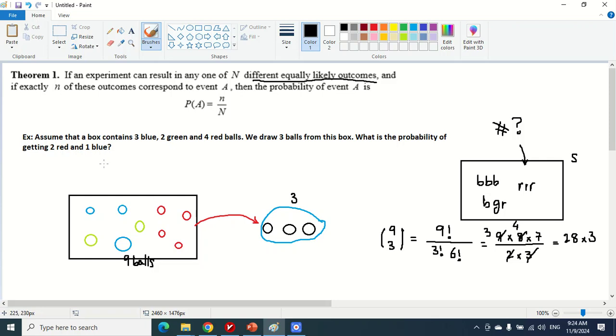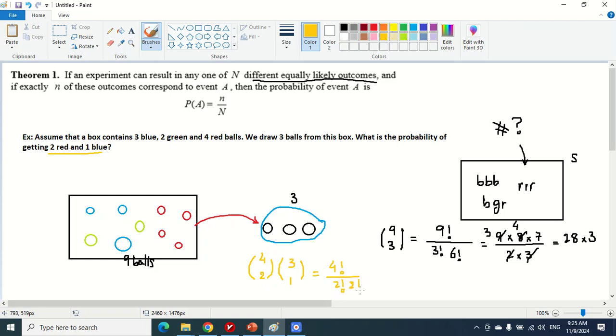And the event that I want to find is 2 red and 1 blue, which means I'm looking for 2 reds and 1 blue. So I should choose 2 reds out of 4, and multiply that by 1 out of the 3 blue. So 2 out of 4 and 1 out of 3. 2 out of 4 is 4 factorial over 2 factorial times 2 factorial, since the subtraction of 2 from 4 is 2.